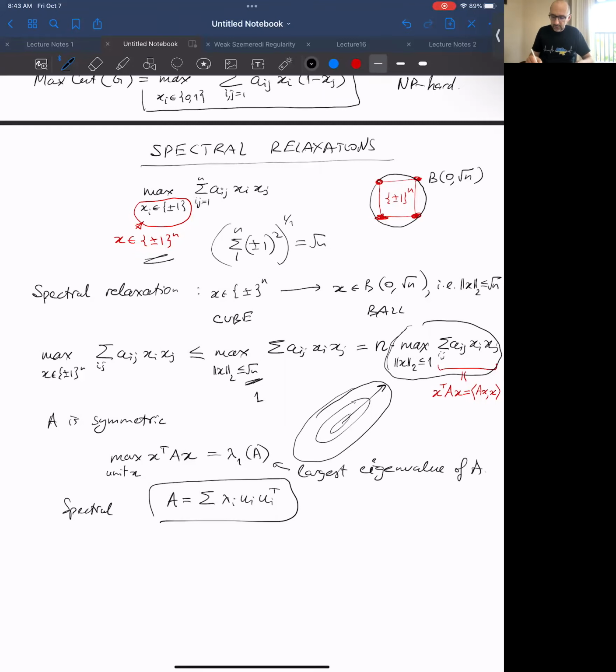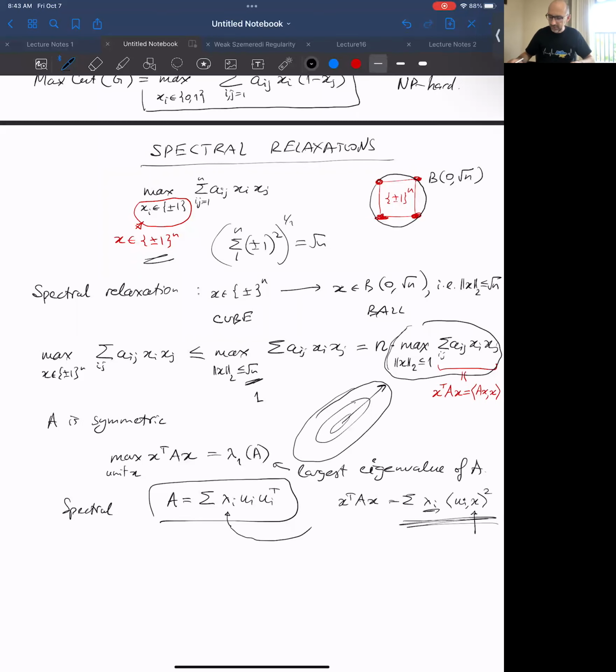So if you have that, then to maximize this form, it will be the sum of lambda i (u_i x) squared, something like that. And if you maximize that, the u_i are all orthogonal, so the maximum over the orthogonal will pick up the u_i with the largest lambda. And so that will be a good proof.